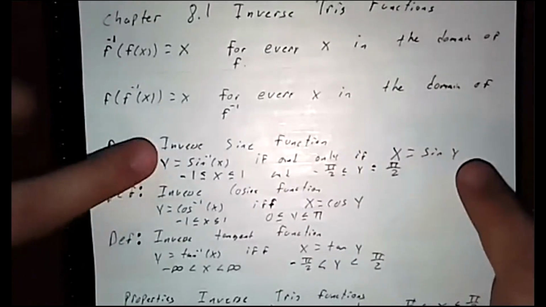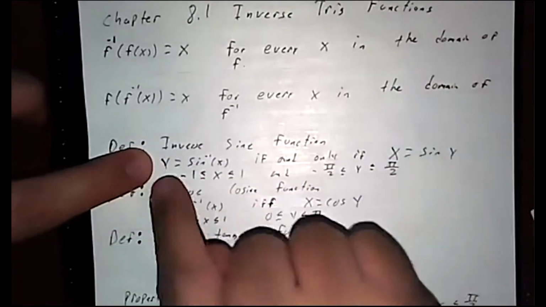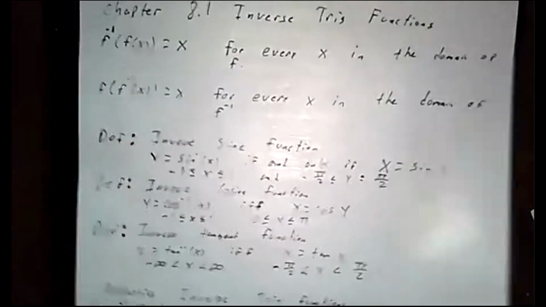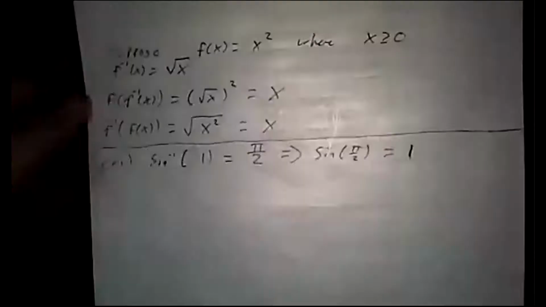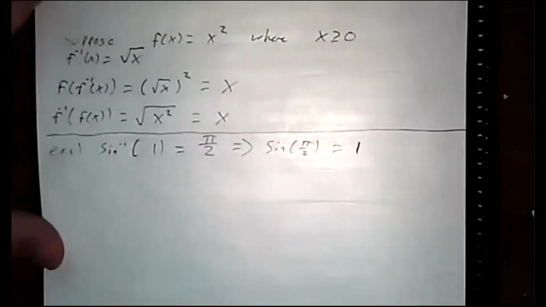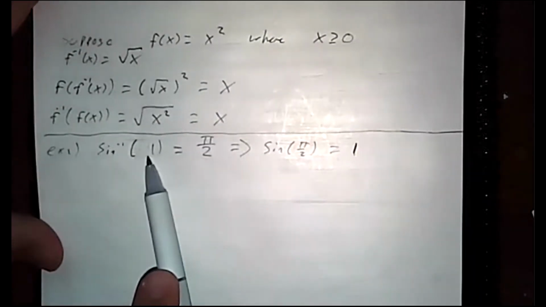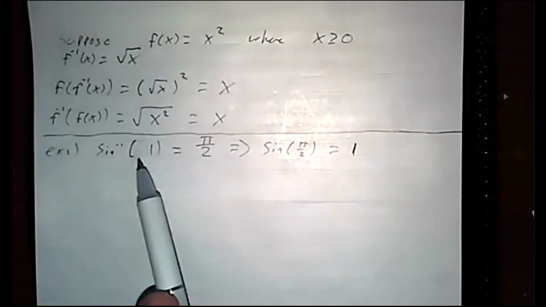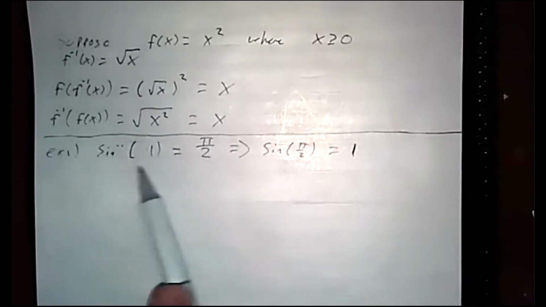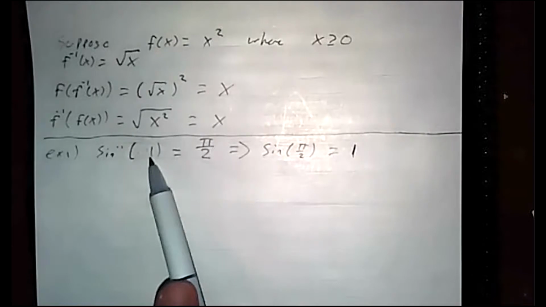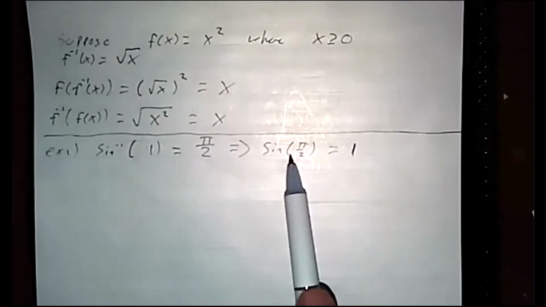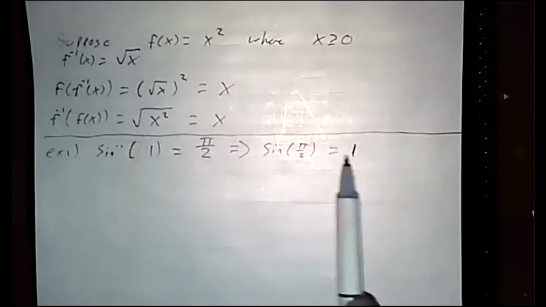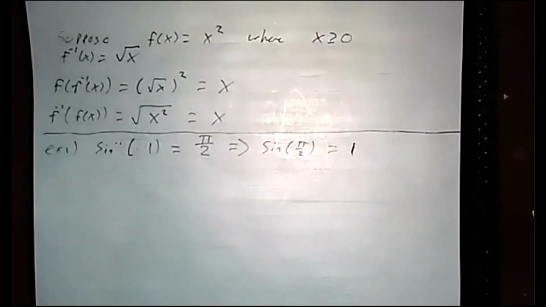See how we can rewrite it? y equals sine inverse x is the same as x equals sine y. They didn't ask us to switch it. I just want you to know that the definition is always there. Sine inverse of 1 equals pi over 2, because that's the angle that gives me a y value of 1. That's what this is asking. Which angle gives you a y of 1? The other way to write it would be sine of pi over 2 gives me a y value of 1. That's the same question. It's just inverted.